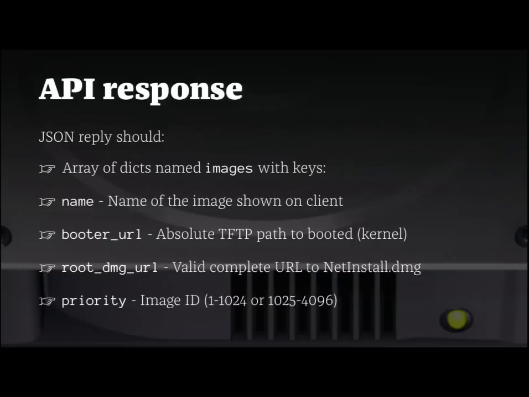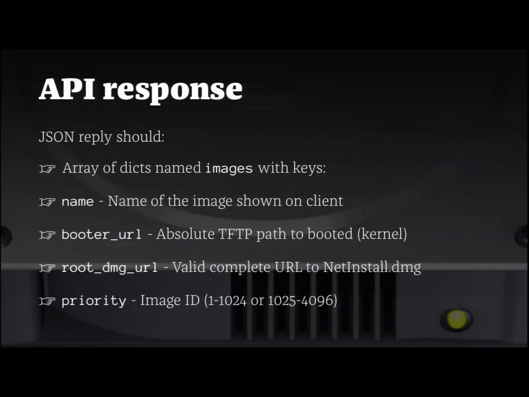The name of the client; booter URL, that is the absolute TFTP path, so let's say /NBI/myawesome.nbi/booter; then the root image URL, that is your full HTTP, not HTTPS, URL to your NetInstall. Again, this can be variable based on those three factors that I passed in, so that can be different for clients depending on where they are or what model they are. And then the priority is the image ID.